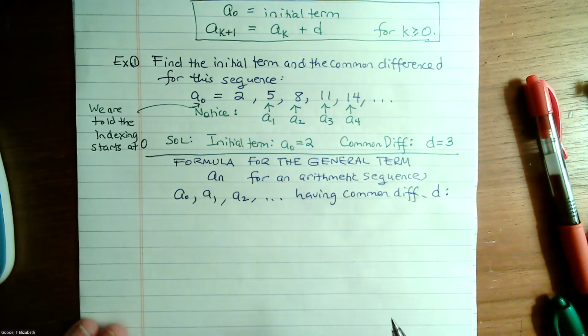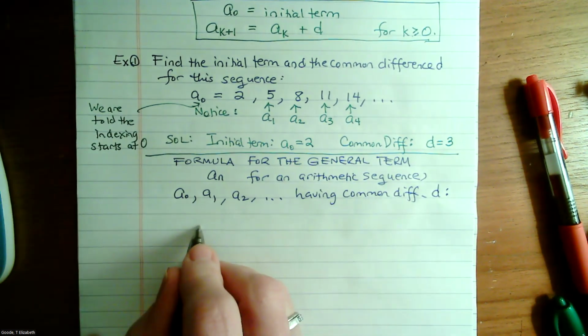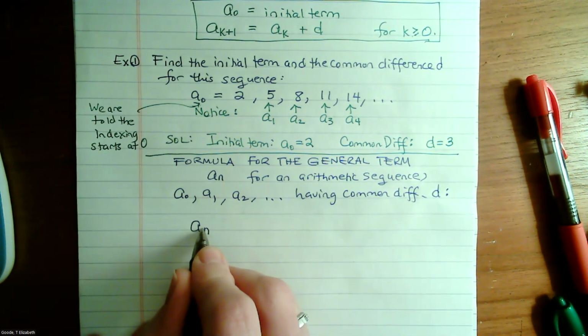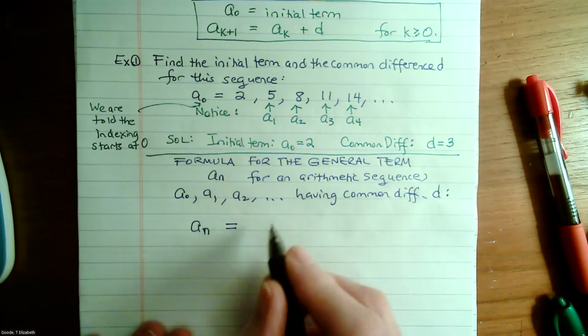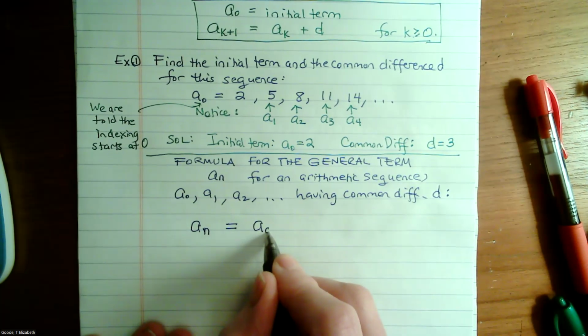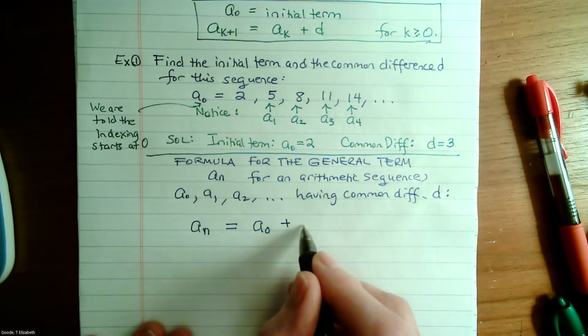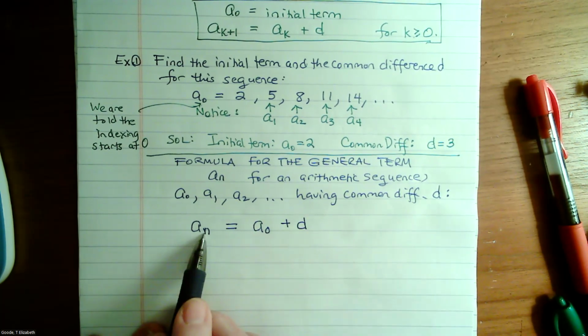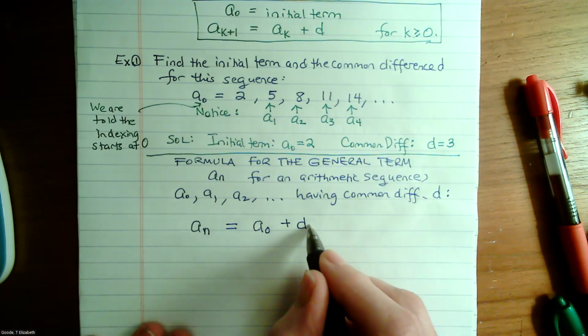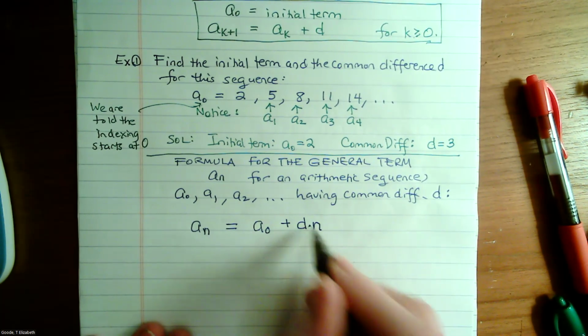And that formula goes like this. It says, hey, if you want to find the term a sub n, the way you get that is you start with the initial term, a sub 0, and we're going to add d over and over again to get up to n. So we add n copies of d.